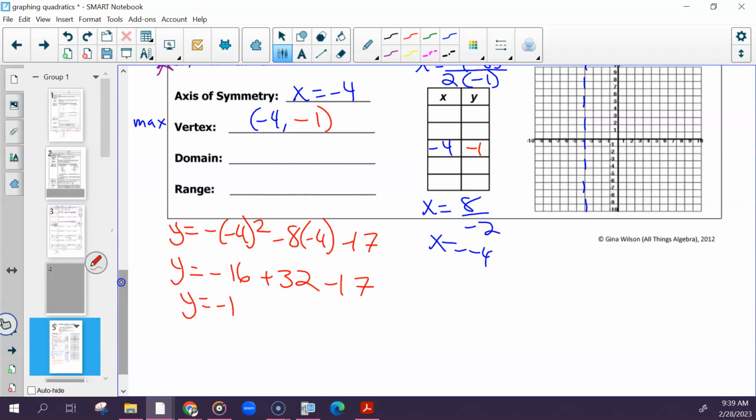Then we can fill in the rest of our x values. So go backwards and forwards. Backwards would be negative 5, negative 6. Forwards, negative 3, negative 2. Find everything else on your table.